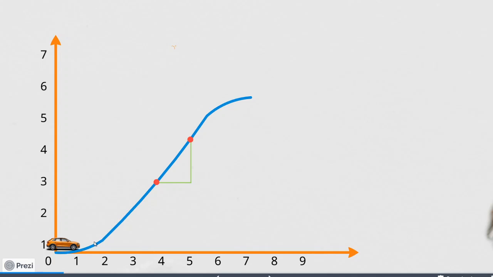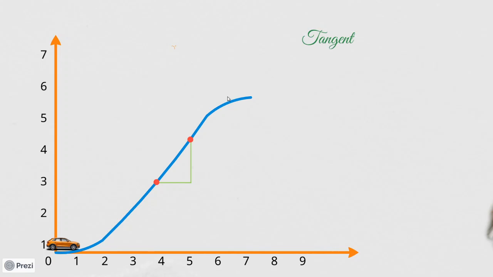And we see that the velocity also keeps on changing, because here we see the car is slowly moving, then it is moving fast, then the speed is the same here, and here the speed decreases and it goes. So what do we do?